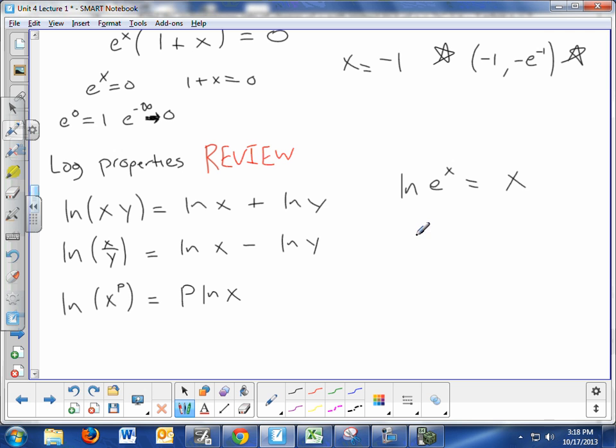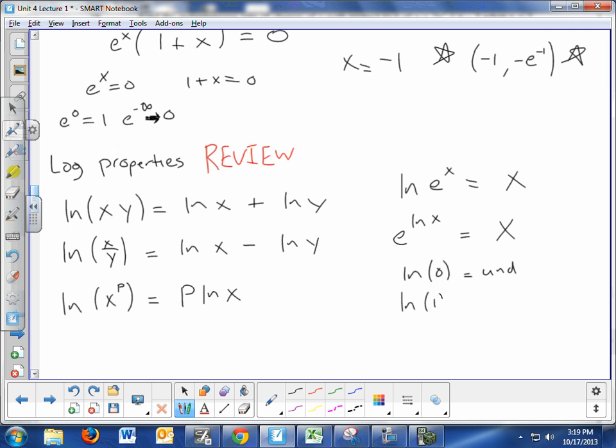And almost conversely, e to the natural log of x, since they're inverses of each other, they undo each other. This is just x as well. Some important things: you can't take the natural log of 0.